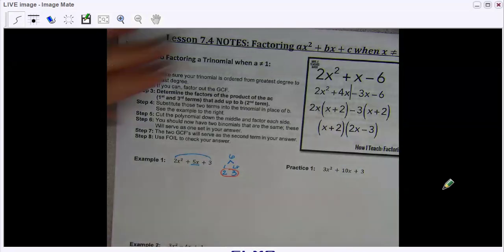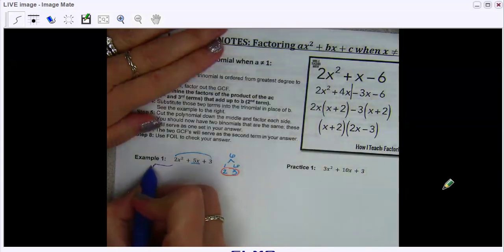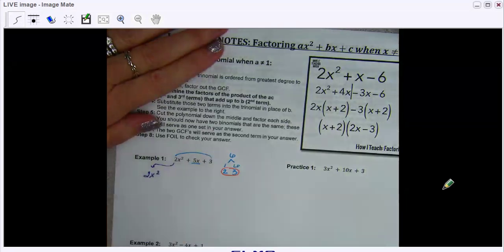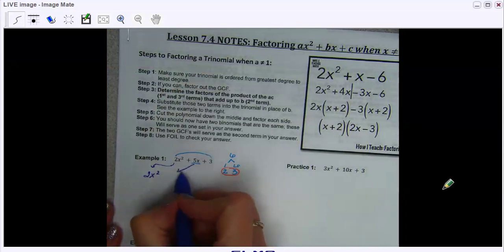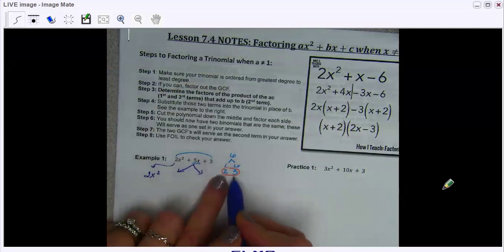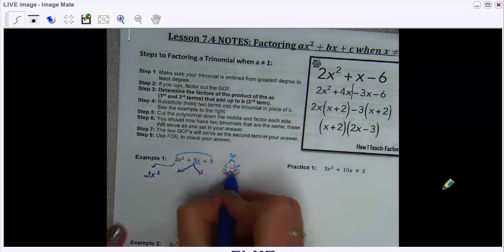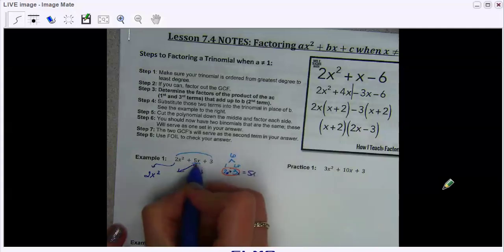When you write this out, you're going to take your 2x squared and you're going to bring it down. Okay. Then you're going to split your 5x into 2 parts, a 2x and a 3x, because if you think about it, 2x plus 3x gives us 5x, and that's what we need up here.